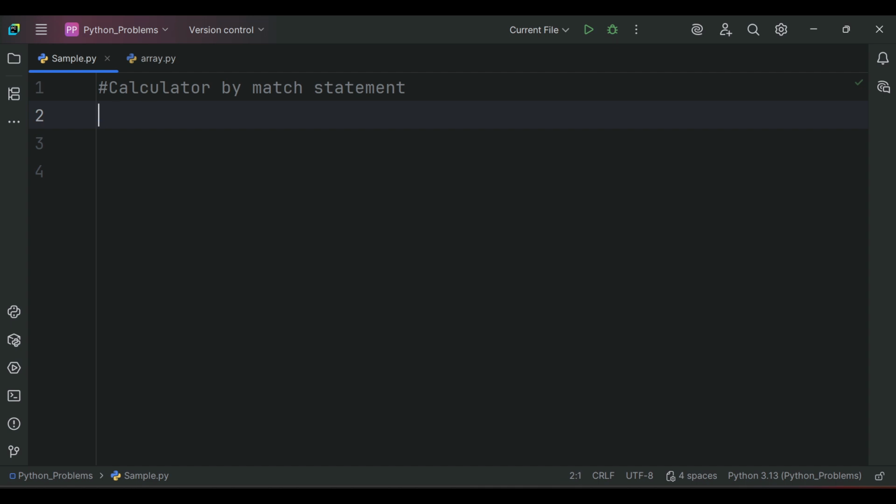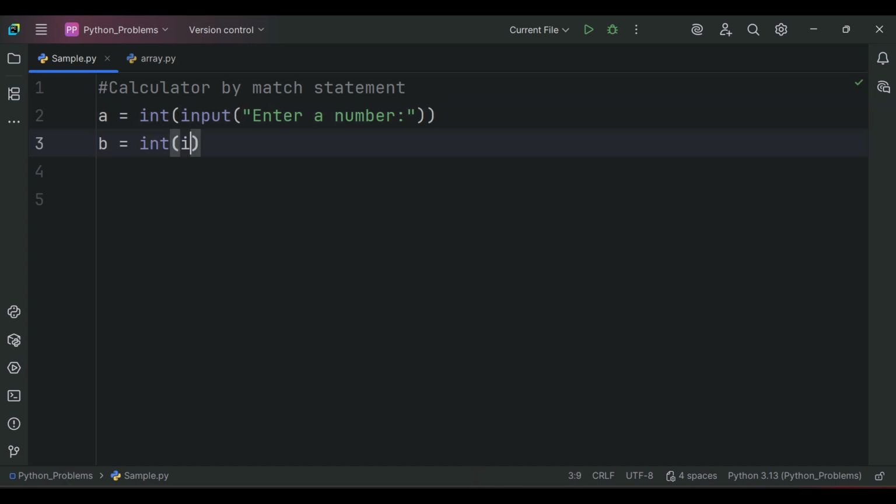See here, I am taking two user inputs. A is equal to int input, enter a number, and B is equal to int input, enter another number.